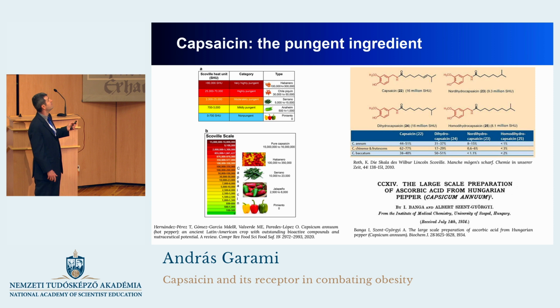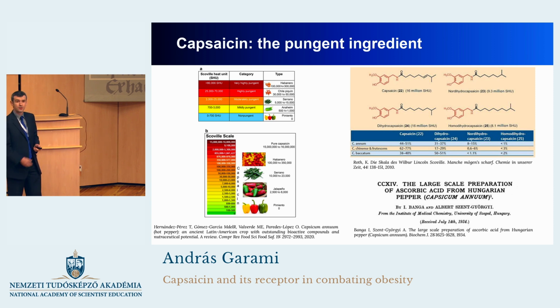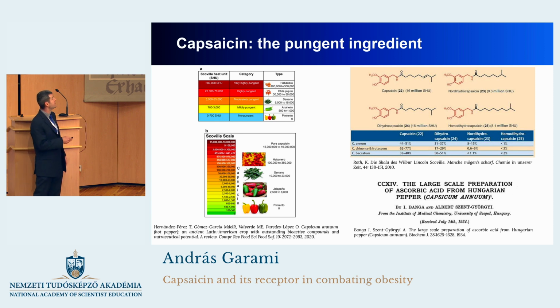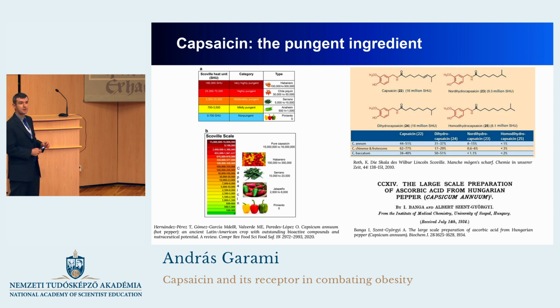Capsaicin, as all of you probably know, is the pungent ingredient in hot chili peppers, and its concentration is often assessed on the Scoville scale, where the higher unit means higher pungency of the pepper, going from non-pungent to very highly pungent peppers like the habanero chili, which is in the Scoville heat unit range of approximately 100 to 300,000.